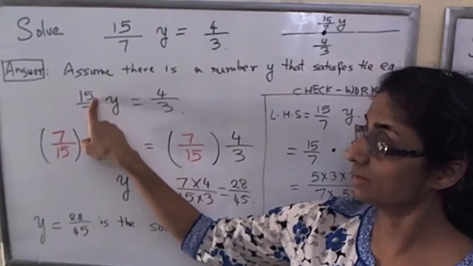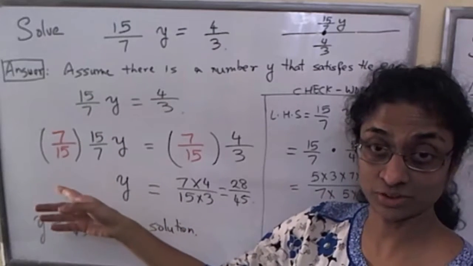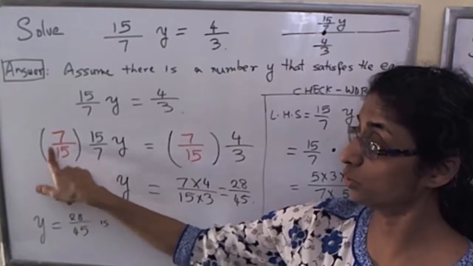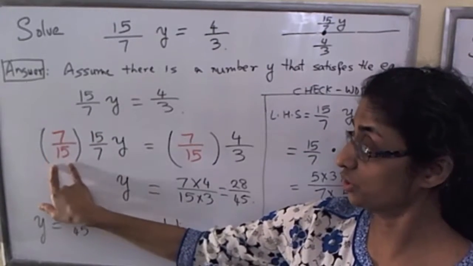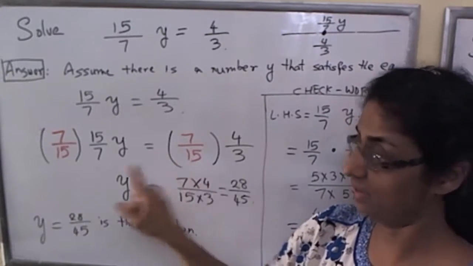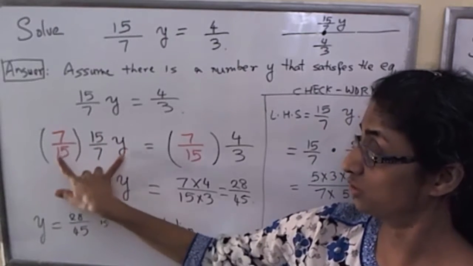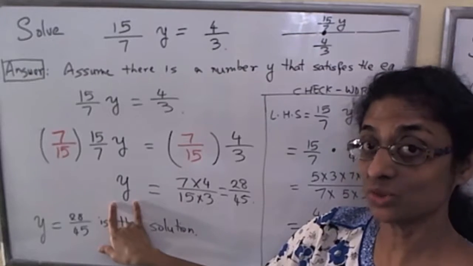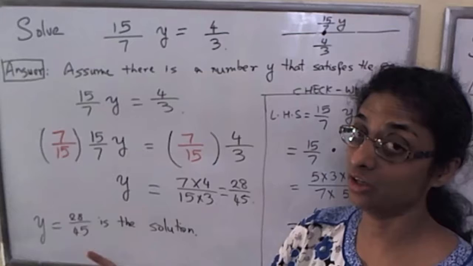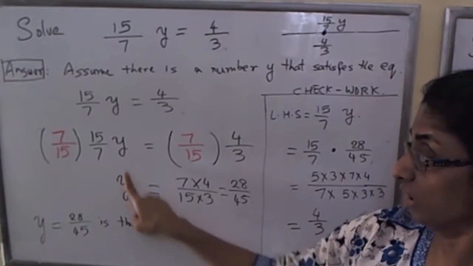I noticed from another video, 15 over 7 multiplied by its reciprocal is 1. 15 over 7's reciprocal is 7 over 15. So I multiplied both sides by 7 over 15, thinking ahead that 7 over 15 times 15 over 7 would be 1, and so this expression would be y. That is why I made the choice of multiplying both sides by 7 over 15 and not by any other number. Once I do that, I get y here.